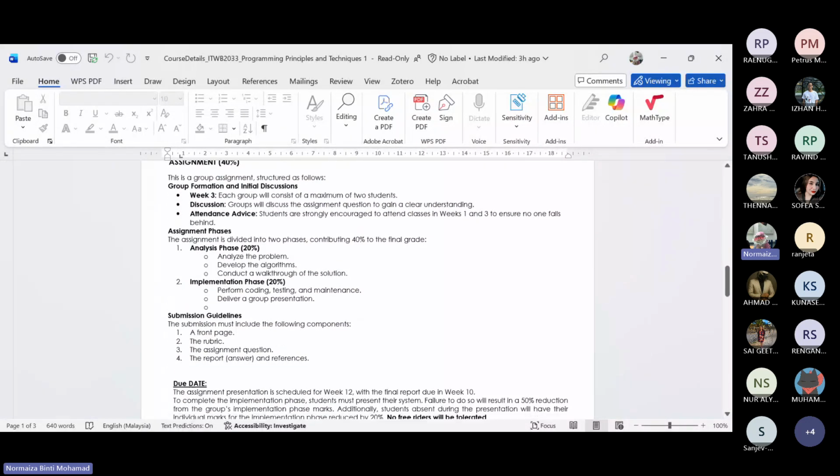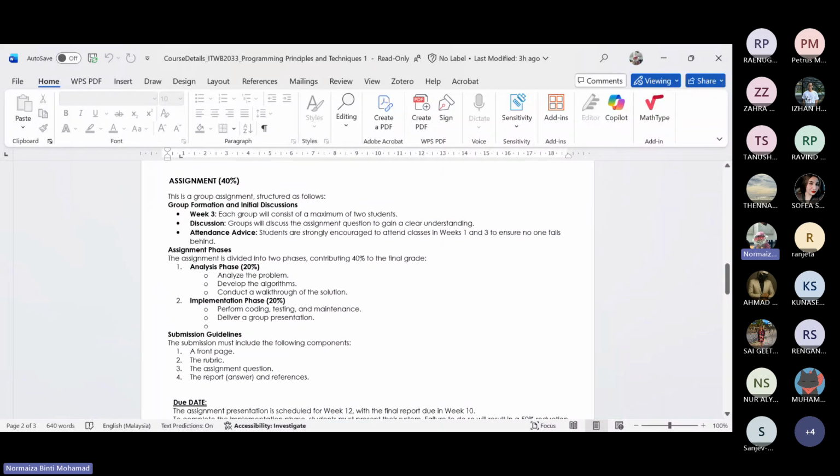Okay, assignment. There's only one assignment. It will be done with a group of 2 students because the assignment is simple enough to be done by 2 students. By week 3 is supposed to be a group formation.